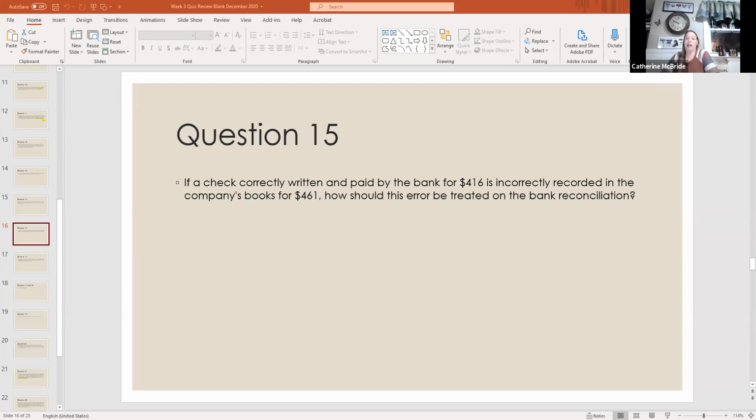Okay, bank reconciliation. There's a video on bank reconciliations, but this one I wanted to show you because this is an error, and errors are a pain in the neck because they can always go either way. The bank could make an error. By the way, I used to think they'd never make mistakes, but then some of you aren't old enough to remember, but all the banks were merging and stuff.